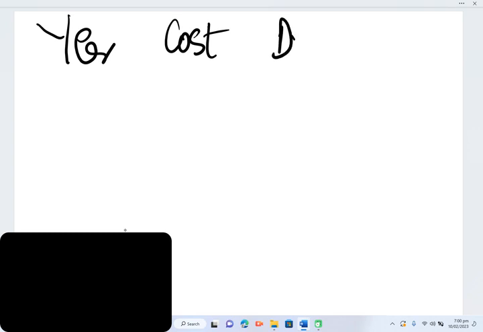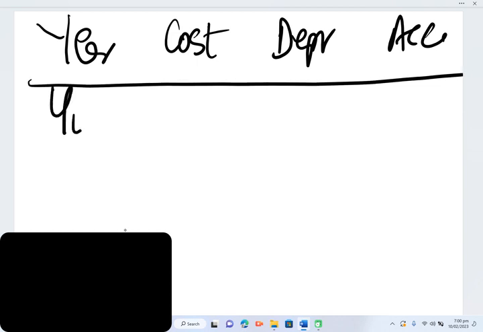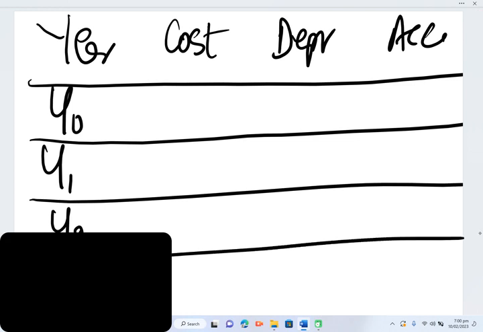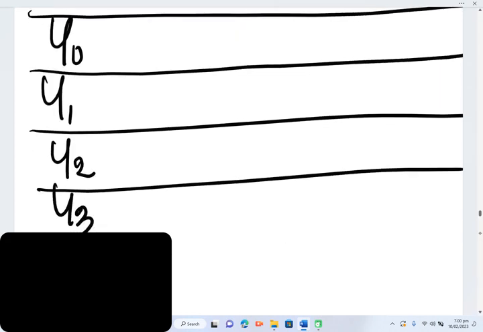Then depreciation, then accumulated. Utaanza year note, utakuja year 1, utakuja year 3. Wala usiwe na wasiwasi. Unaandika huku unakunywa juisi ya zabibu.